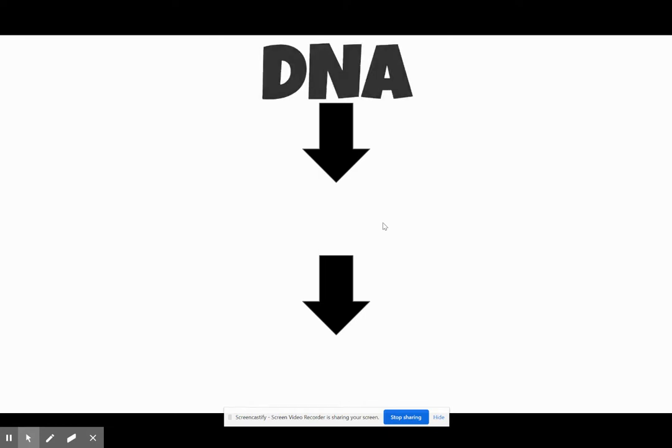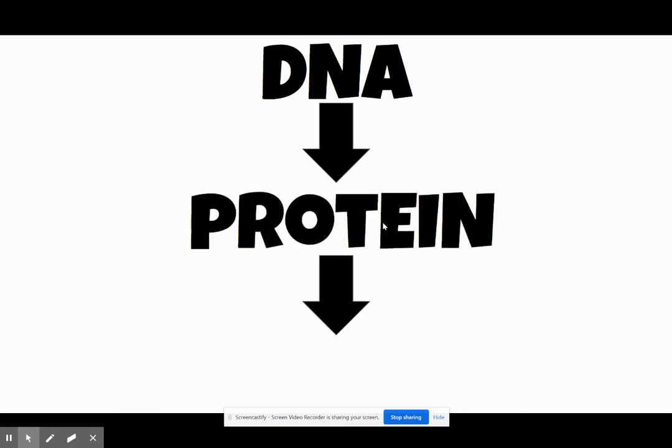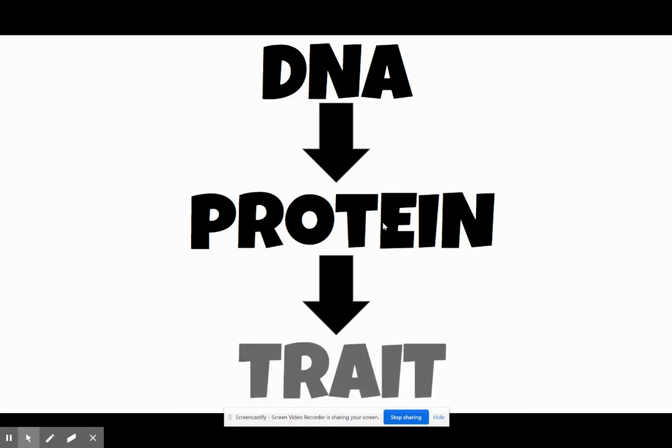But for now, all you need to know is that your DNA goes through this really long process and it creates proteins, right? There are proteins all throughout your body and they do a whole bunch of different stuff, but there are certain proteins that get instructions from DNA, and those proteins go and create your traits. So we go from DNA to protein to trait.